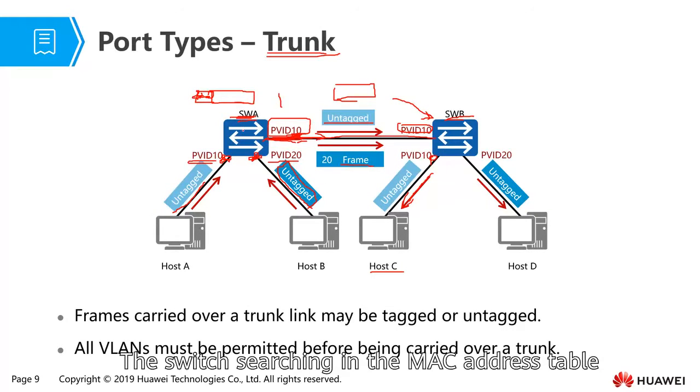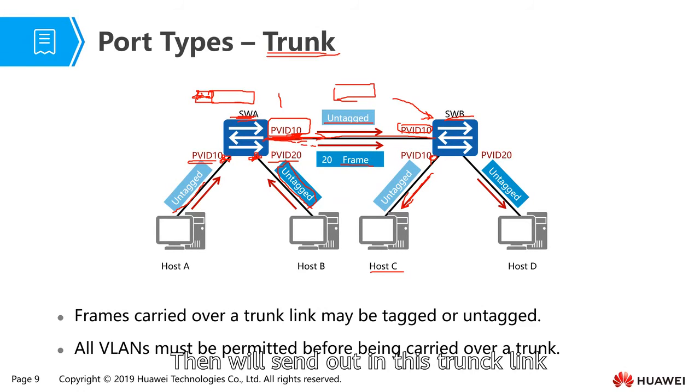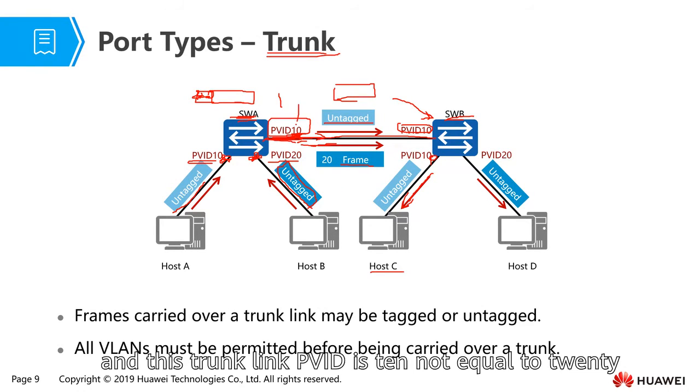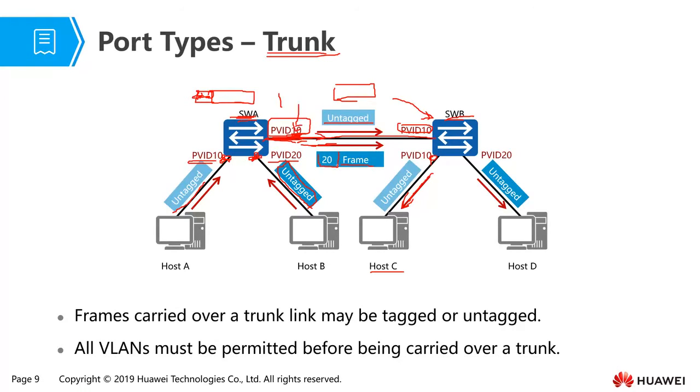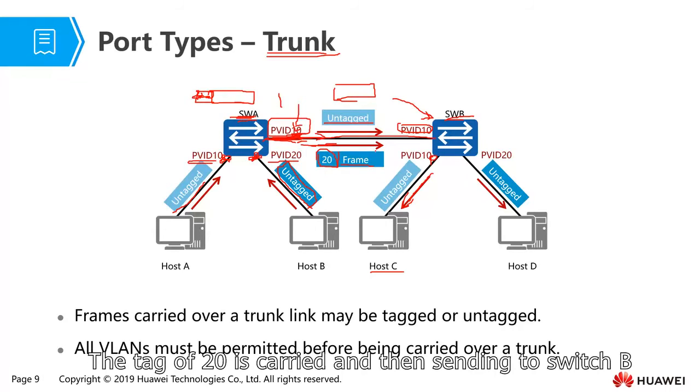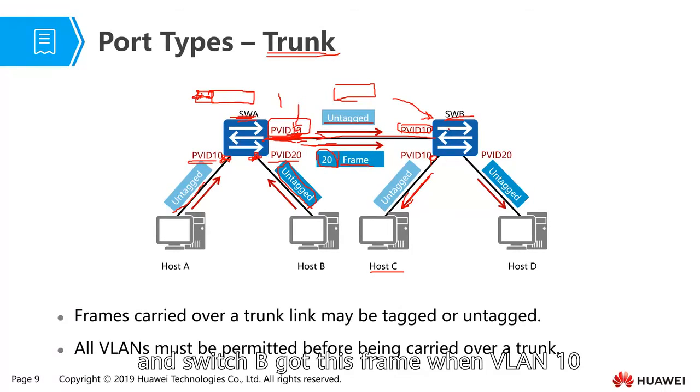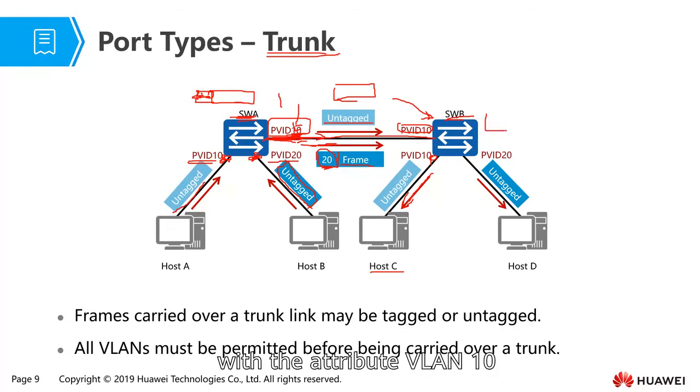Then the switch searches the MAC address table and sends it out on this trunk link. On this trunk link, the PVID is 10, not equal to 20, so the tag of 20 is carried and the frame is sent to switch B. Switch B gets this Ethernet frame and sees the VLAN tag, then searches the MAC address with that VLAN attribute and sends it out a certain interface. Okay, this is how the trunk interface works.